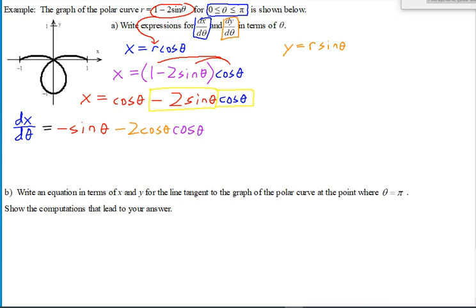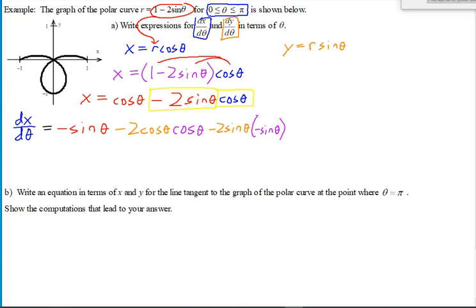And then normally it'd be plus the first one as it is, but the first one is negative, so just leave it as it is. So you don't see that plus sign, negative 2 sine theta, times the derivative of cosine, which is negative sine. And then we can just simplify it a little bit.